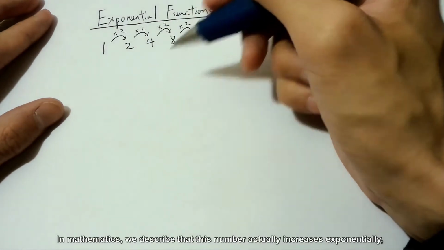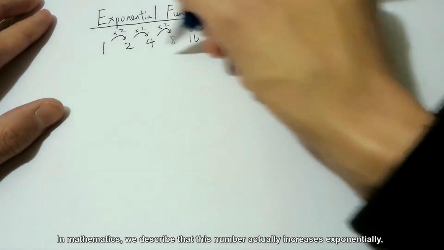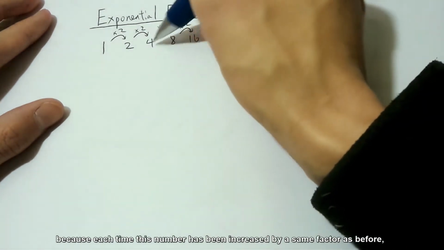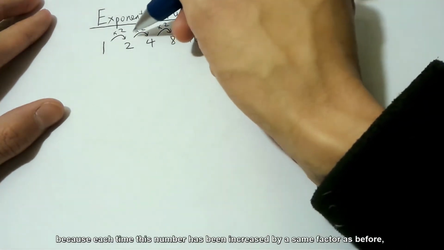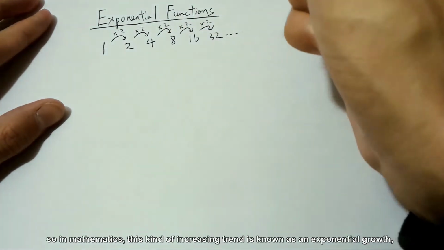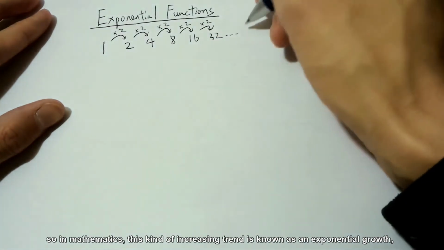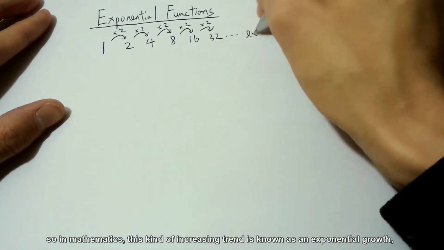In mathematics, we describe that this number actually increases exponentially because each time this number has been increased by the same factor as before. So in mathematics, this kind of increasing trend is known as an exponential growth.